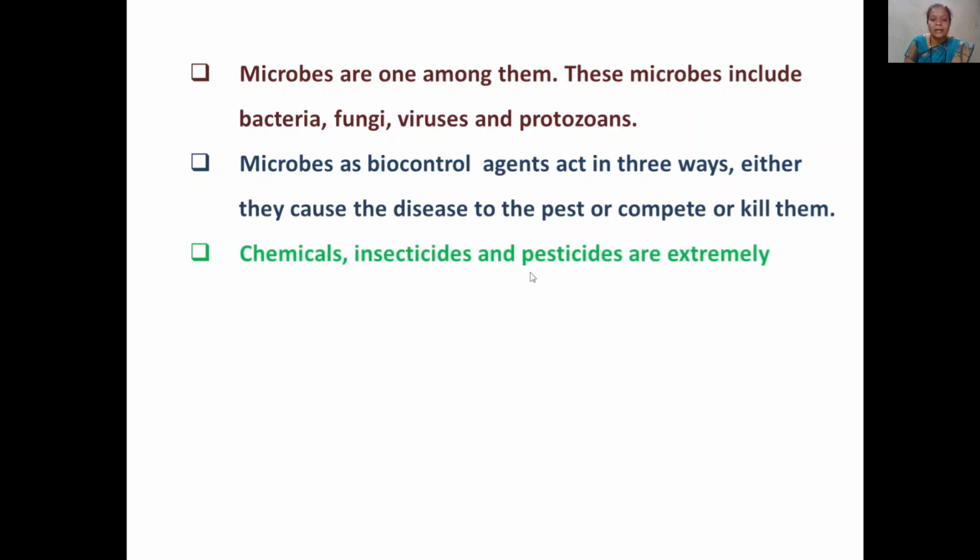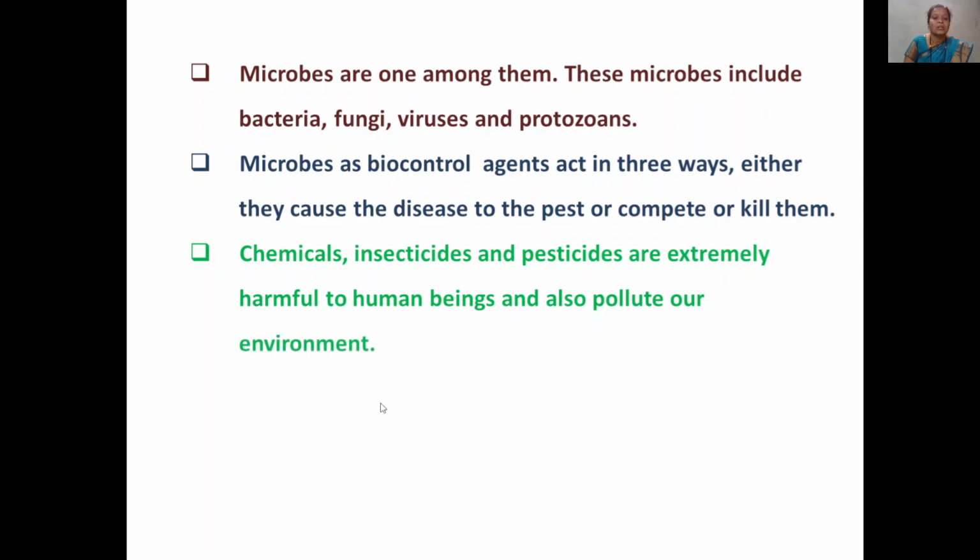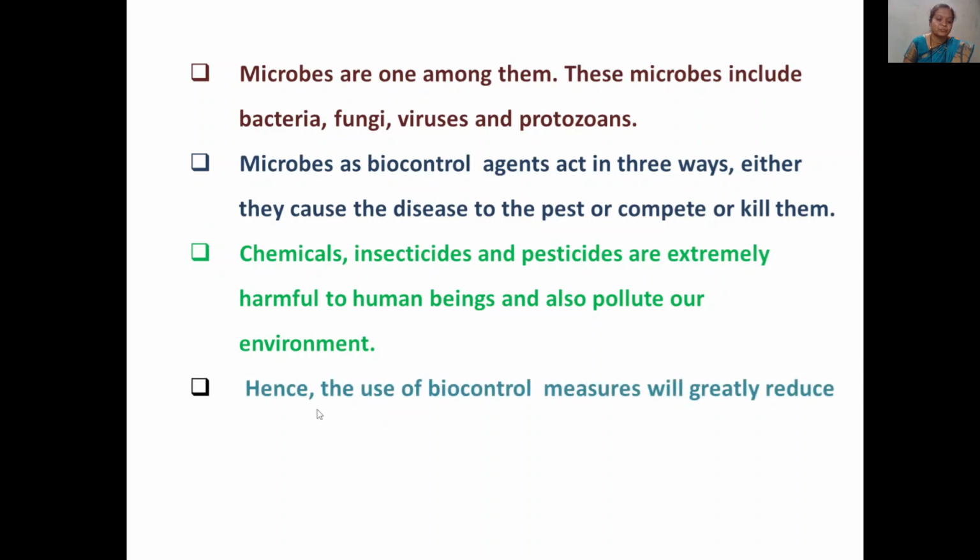Chemicals, insecticides and pesticides are extremely harmful to human beings and also pollute our environment. Hence, the use of biocontrol measures will greatly reduce our dependence on toxic chemicals and pesticides. Go to next slide. Example of a microbial biocontrol.